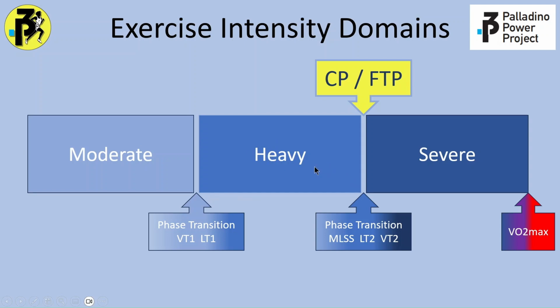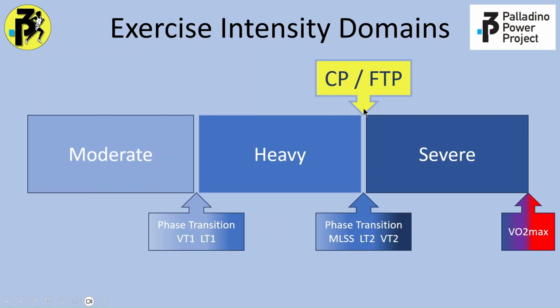Although this has been called anaerobic threshold in the past, that threshold does not exist. It's a phase transition. We'll come back to this later as we go into intensity zones and so forth.